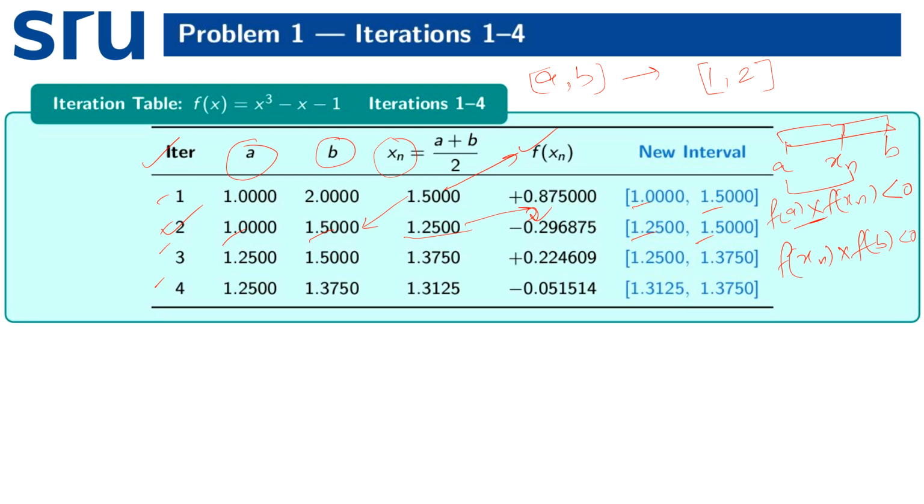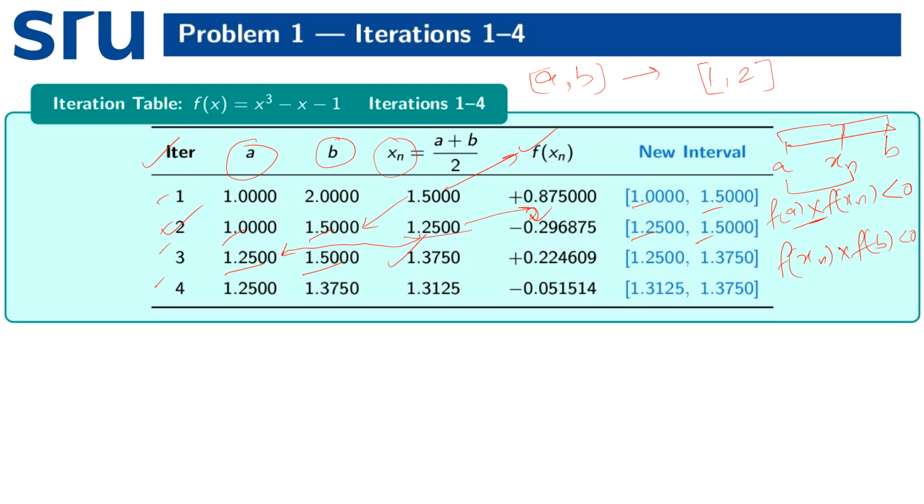So similarly, in the next iteration, that is iteration number 3, this value will be shifted to here in place of a. Okay, and the new interval becomes 1.25 to 1.5. Now again we'll calculate the midpoint of this, that will be 1.375.